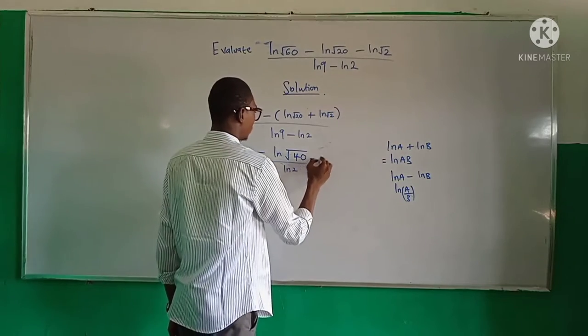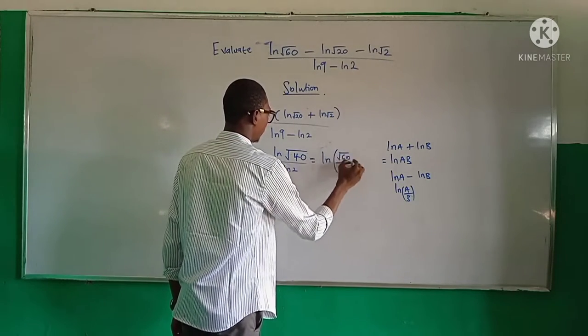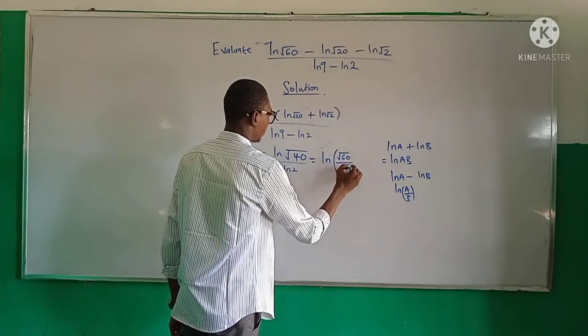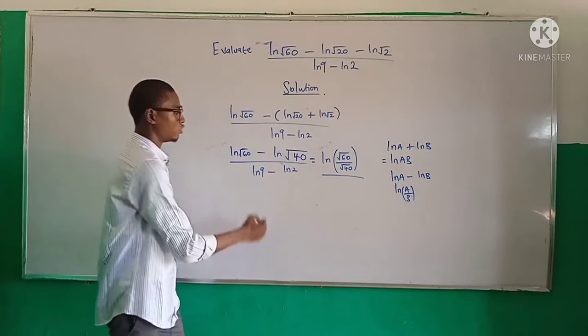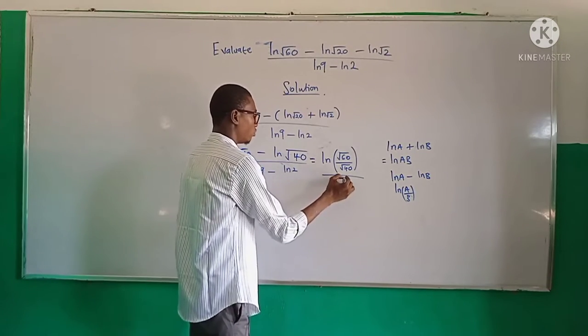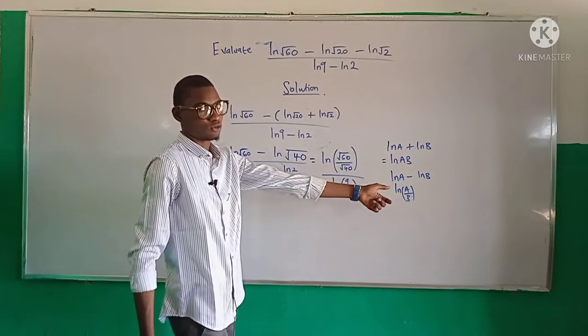This should give you ln of root 60 divided by root 40. Likewise, ln 9 minus ln 2 will also give you ln of 9 divided by 2, since we are using the second rule.